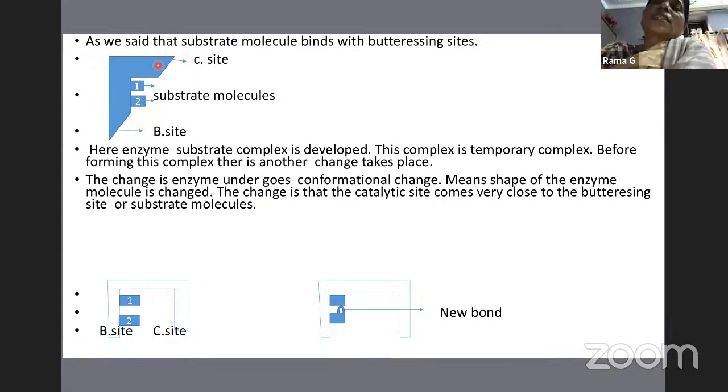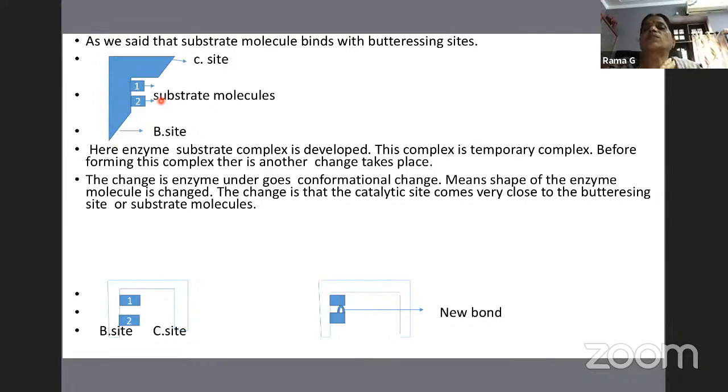So in this enzyme, the catalytic site and buttressing site with substrate molecules give a complex, that is the enzyme substrate complex. Here the enzyme substrate complex is developed, and this complex is a temporary complex.